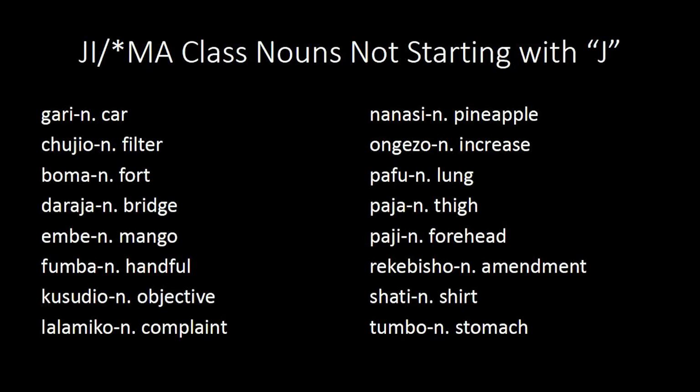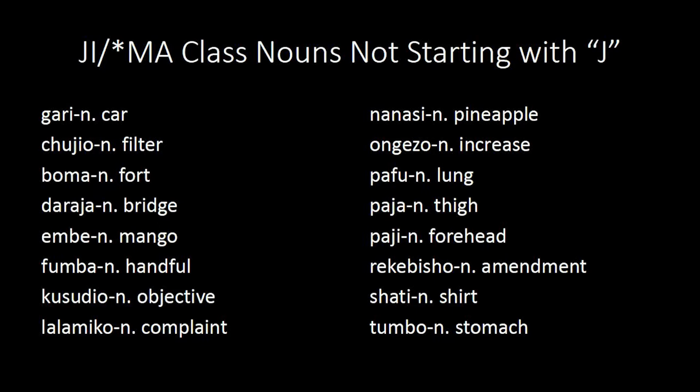Now, there are some class nouns that do not start with J. There are very many of them, okay? These start with other letters of the alphabet, other consonants, and even some vowels. So the first one is car. Gari. The next one is chujio, filter. Boma, fort. Daraja, bridge.